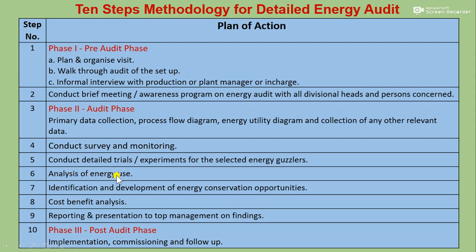Analysis is done of the energy use. Then energy conservation opportunities, means where energy can be saved, are identified. Cost benefit analysis is done. And finally, report and presentation to the top management on the findings is done.